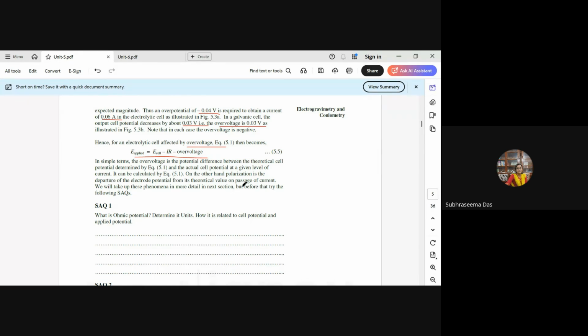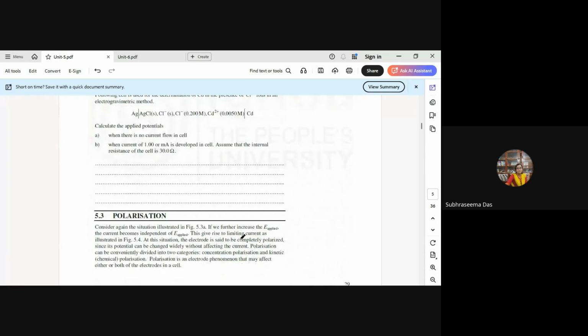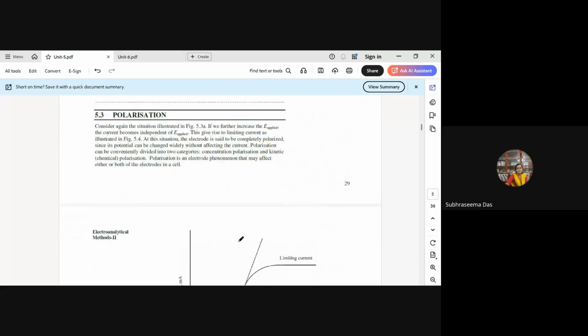In simple terms, the overvoltage is the potential difference between the theoretical cell potential, determined from the above equation, and the actual cell potential at a given level of current. On the other hand, polarization is the departure of the electrode potential from its theoretical value on passage of current. Further explanation is given in the next part, which is polarization.